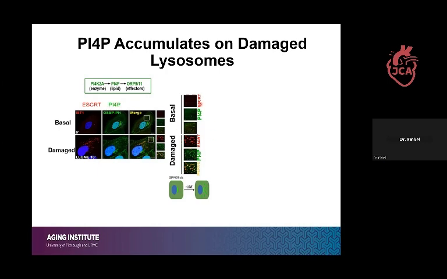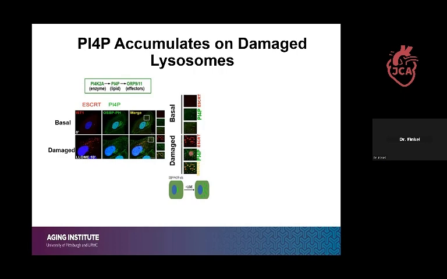And maybe just because it's small, I blew it up here so you can see it a little bit more clearly. So here what we're looking at is a blow up in the cytosol of escort subunit shown in red or PI4P shown in green. And under normal basal conditions, you really don't see anything. But then 10 minutes after damage, you see again these punctae, which I showed before for that label with these escort subunits, which represent damaged lysosomes.